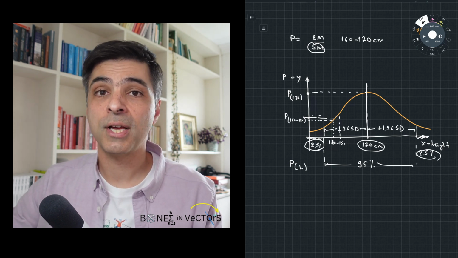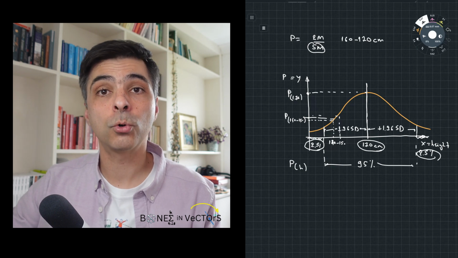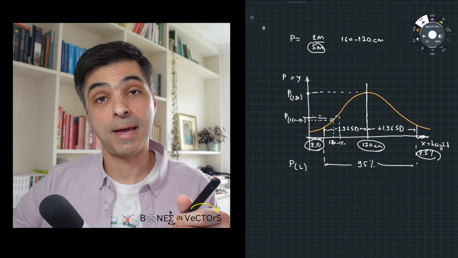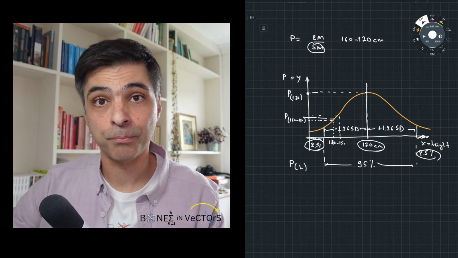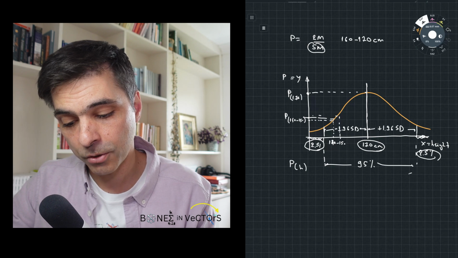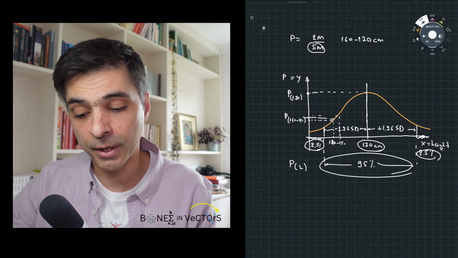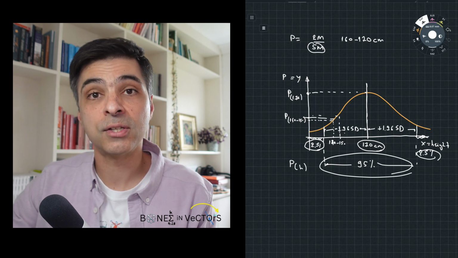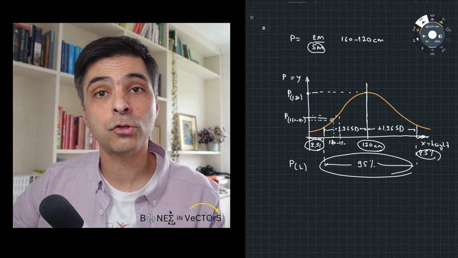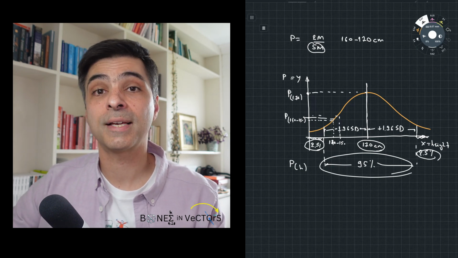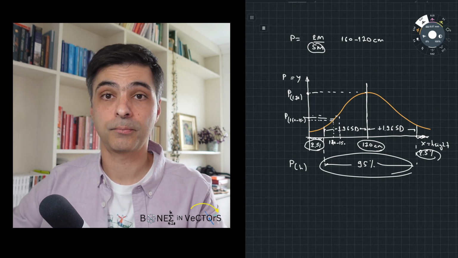You can look this up later, but what is important for now is to remember that in a normal distribution, 95% of the measurements are within plus or minus 1.96 standard deviations from the mean. All other measurements can be considered extreme or very rare.